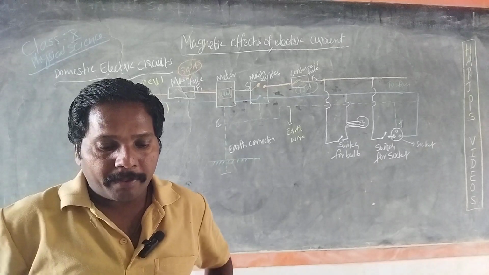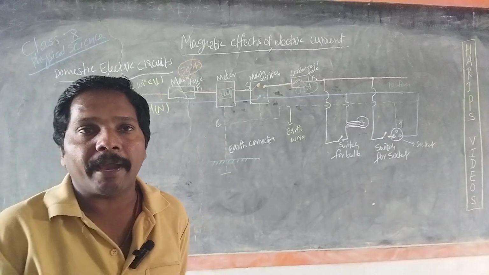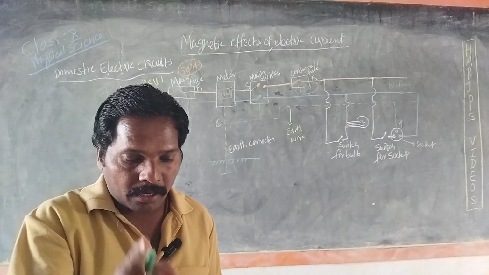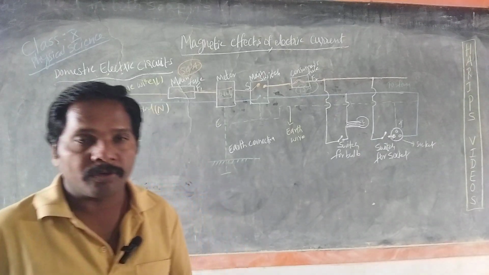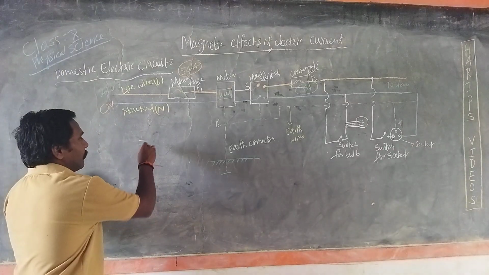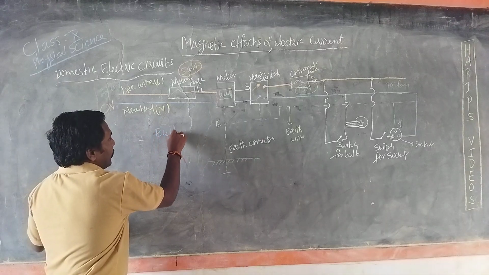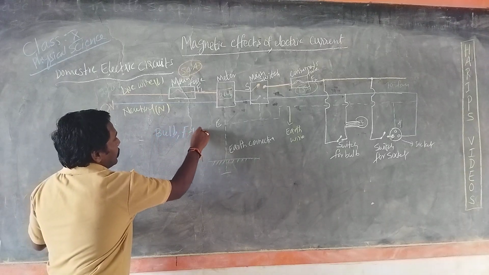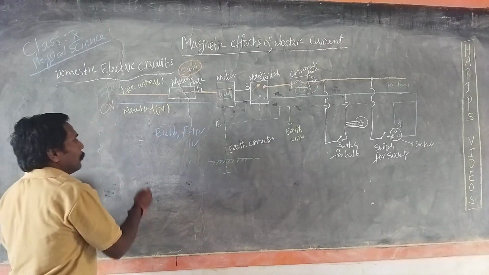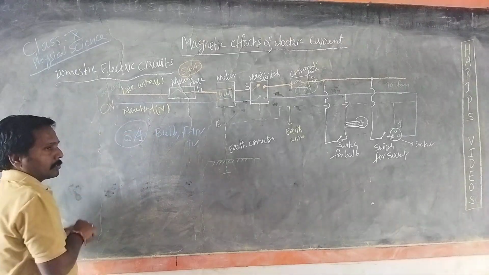Usually there are two separate circuits in a house. The lighting circuit has a 5 ampere fuse, and the other is a power circuit with a 15 ampere fuse. For bulbs, fans, and TVs, we give a separate connection with a 5 ampere fuse.